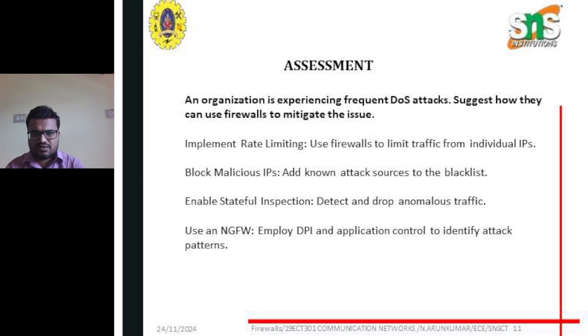If you identify a malicious ID, you can block it. Next, enable stateful inspection to detect and drop anomalous traffic. Next, use a next-generation firewall, employing DPI and application control to identify attack patterns. Considering those factors, we can identify DoS attacks in the systems.